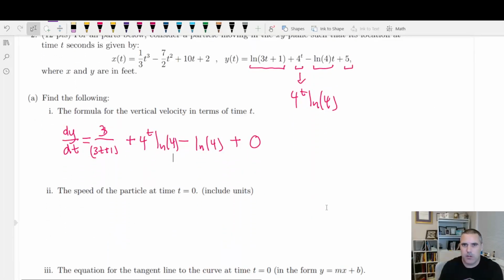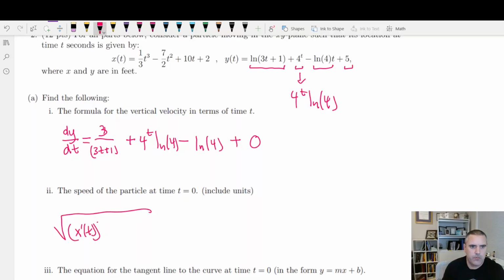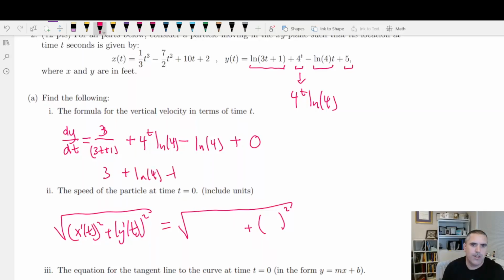Find the speed of the particle at time 0. So this means x prime squared plus y prime squared. In particular, it's asking at time 0, so that's even nicer. So you can really just plug in a 0 to what we just got, and that will give you y prime at 0. So y prime at 0 is going to be 3 plus log of 4 minus log of 4.